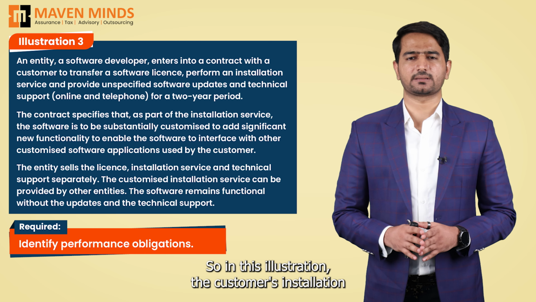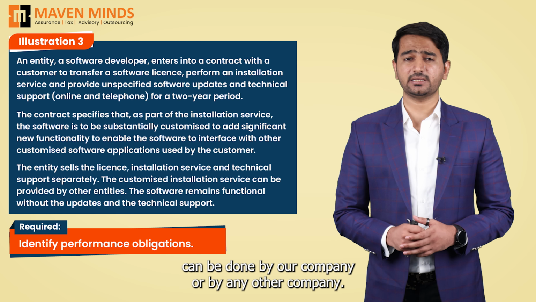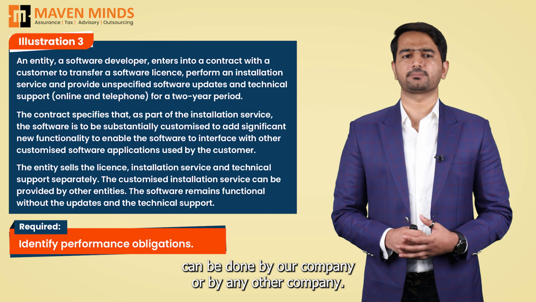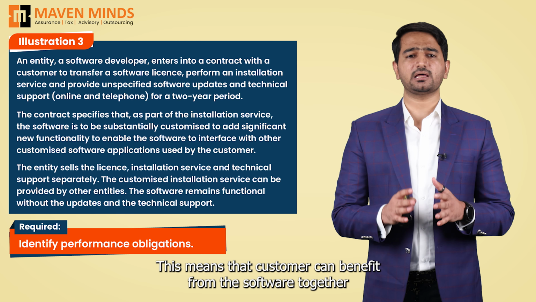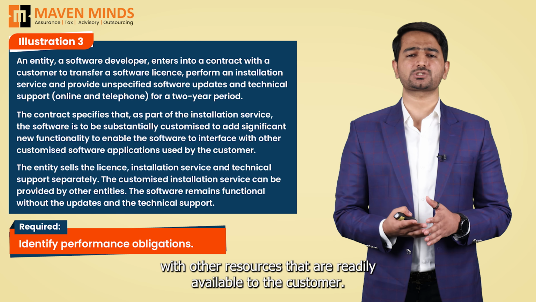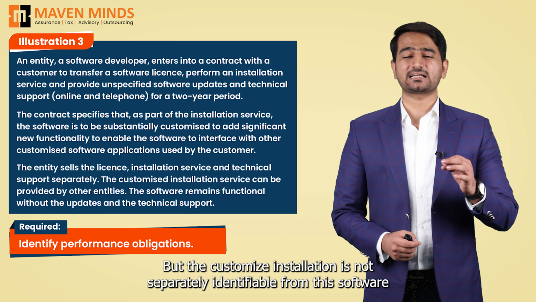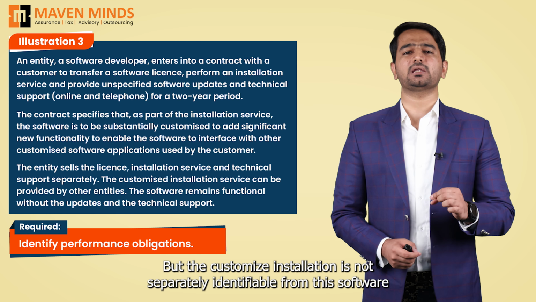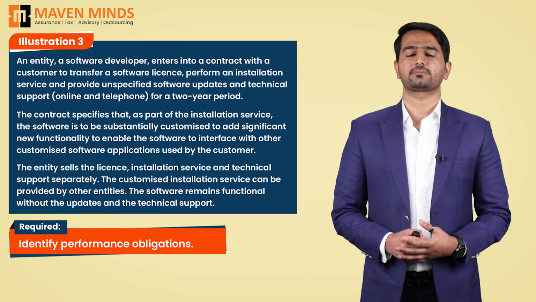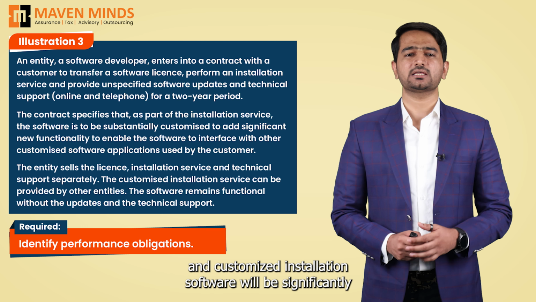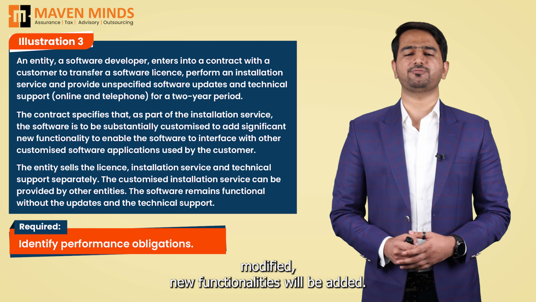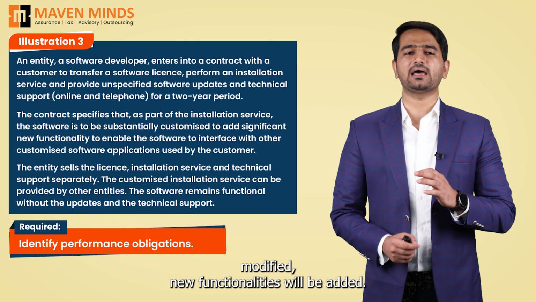So in this illustration, the customized installation can be done by our company or by any other company. This means that the customer can benefit from the software together with other resources that are readily available to the customer, and the first criterion is being met. But the customized installation is not separately identifiable from the software. In customized installation, the software will be significantly modified, new functionalities will be added.